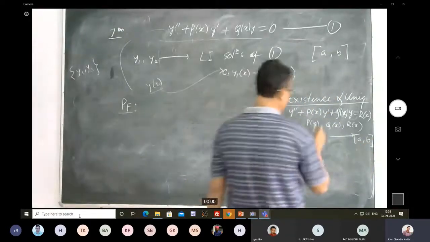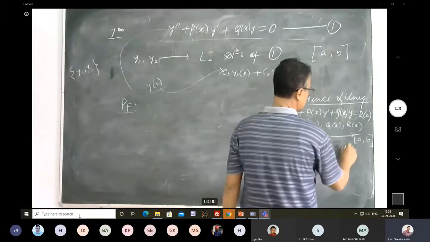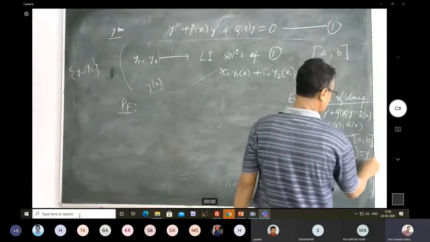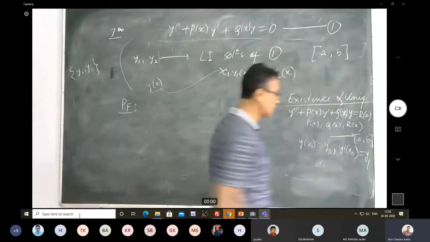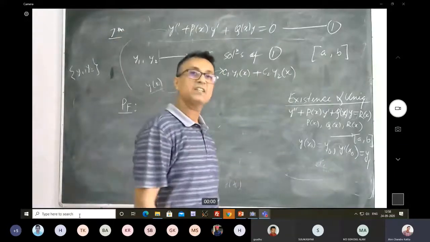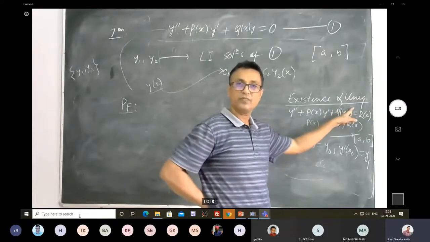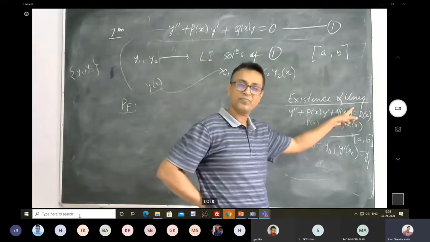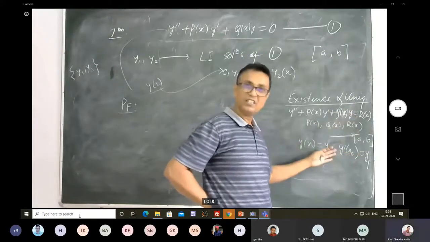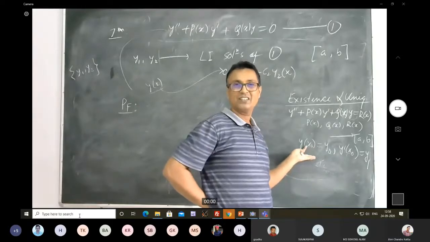So then under these initial conditions, I had a unique solution of this given differential equation. Is it okay? Fine. So first of all, this one, I mean, this is just a statement I have made. Isn't it?